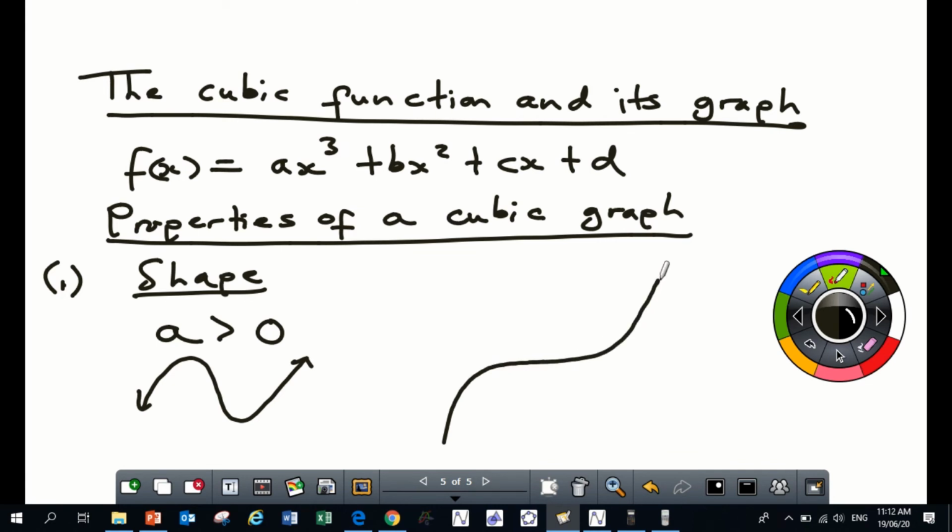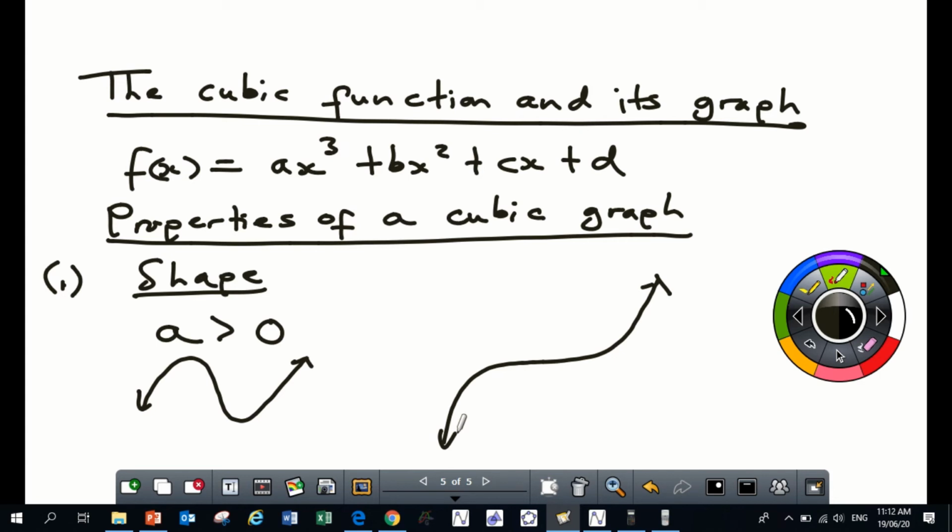You can have a cubic function which looks like that. So the shape does not only look like this one, it can also look like this, depending on the equation. In most cases, if the shape is like this, it means b is 0, and probably c as well.